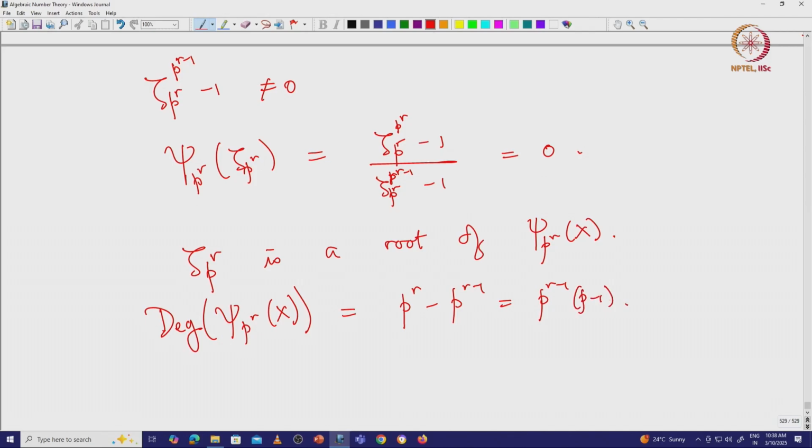And furthermore, we know that K p to the r is the splitting field of psi p to the r (x).